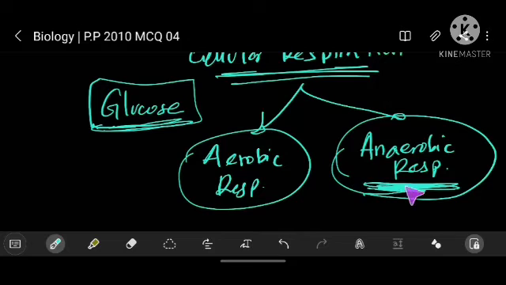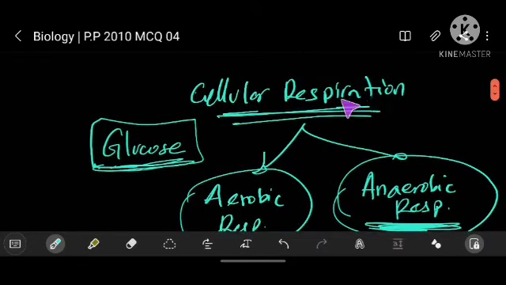I'll explain the introduction for cellular respiration and give you the introduction about aerobic respiration, but we won't go deep into it. When we encounter a question about aerobic respiration, then we study it in depth. For the time being, this question is about anaerobic respiration, so we completely study anaerobic respiration.